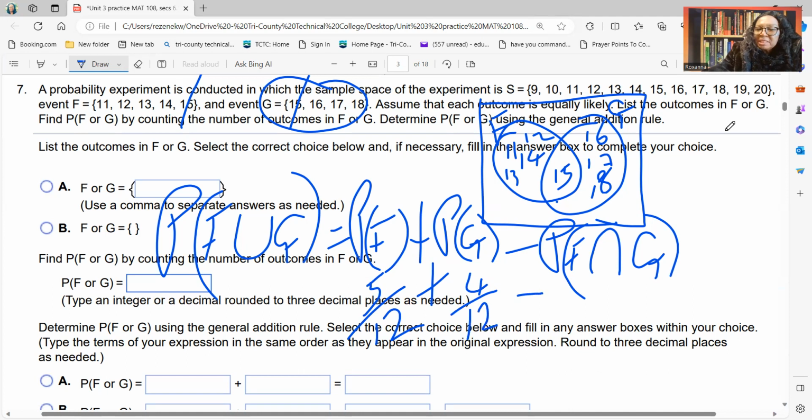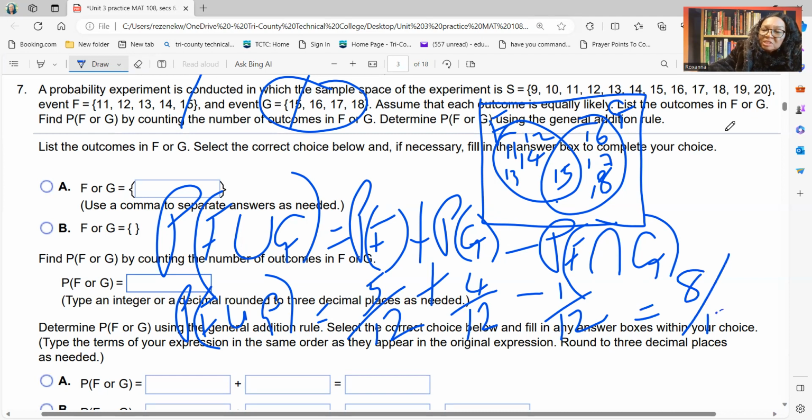That's only one number in the intersection, so 1 out of 12, right? Therefore, P(F union G) is equal to 5 out of 12 plus 4 out of 12 is 9 out of 12, minus 1 out of 12 is 8 out of 12. So I got an answer, 8 out of 12.